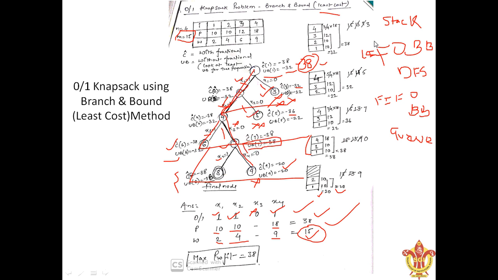Here we'll take the approach of a stack, that is DFS, depth first search, from here to here, and all the nodes will be given. So least cost is what? It minimizes the search area itself. By using least cost, we are minimizing the search area, so we are directly going to get the values.